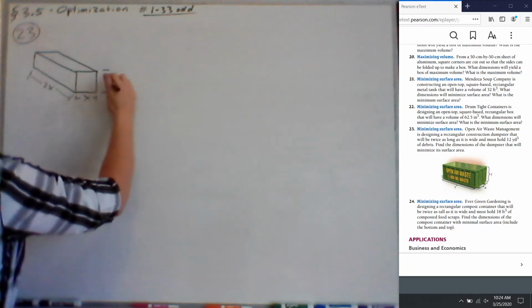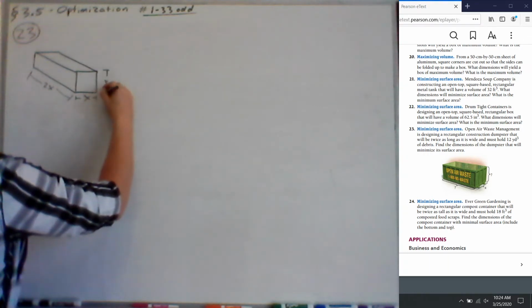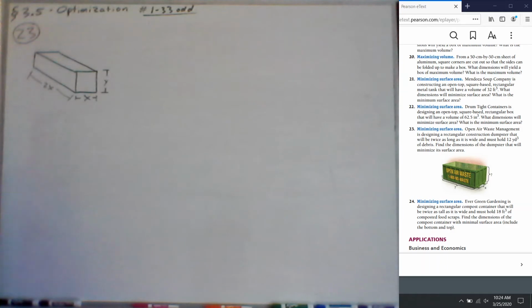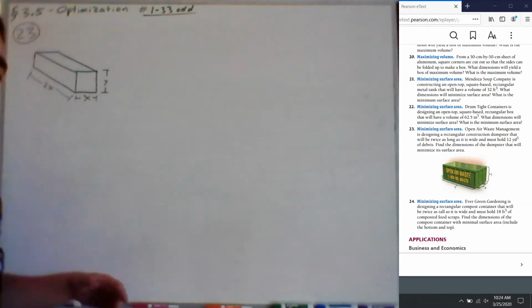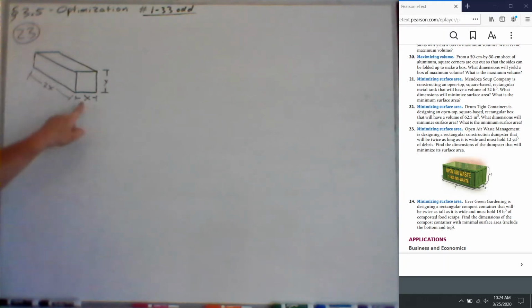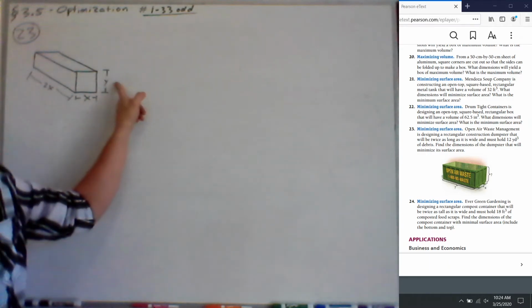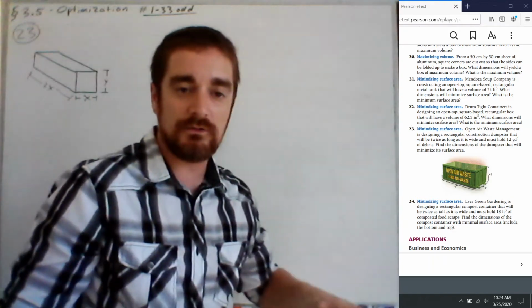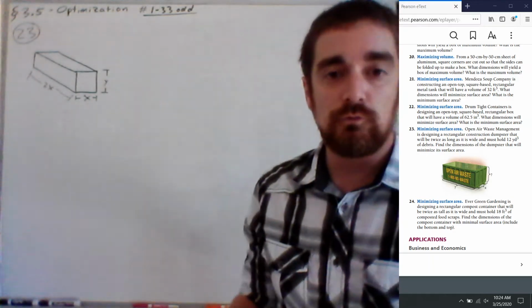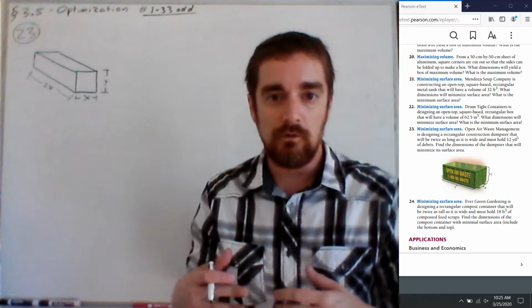So this isn't x and x. We're not allowed to say that. We have no right. So I'm going to call that y. The only thing that they tell us that we can infer is that the length is twice the width. Well, we don't know the width, so that's our unknown x. We can double x to get the length, but we still know nothing about the height. We're not allowed to say that the height is also x, or it's 2x, or it's 3x, or it's half x.